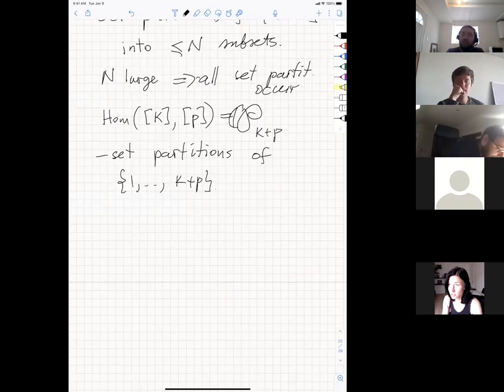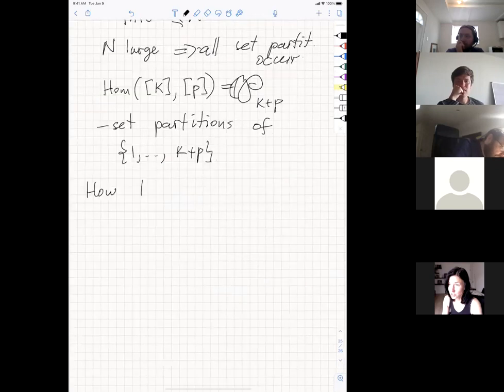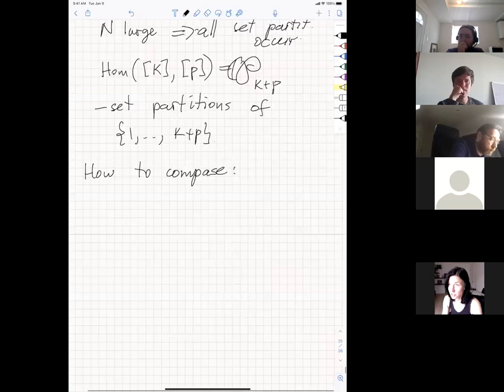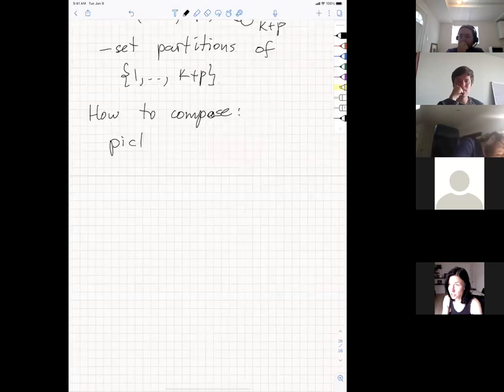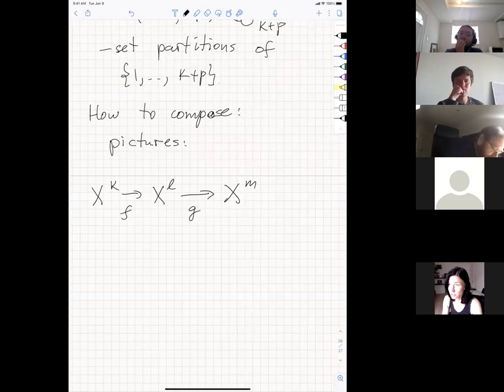Now, how to multiply, how to compose? Well, again, we can draw pictures. Let's say we have some morphisms f, g from x^k to x^l, and then from x^l to x^m.